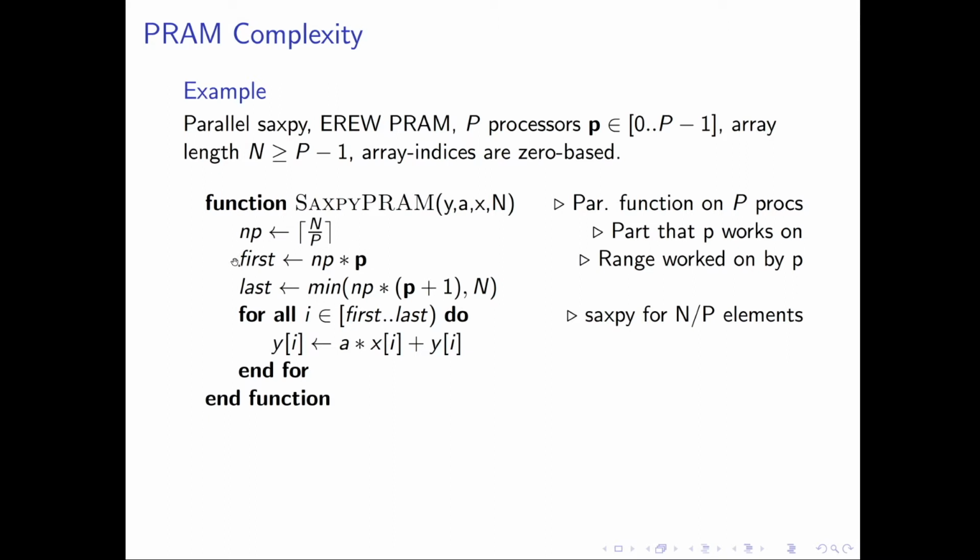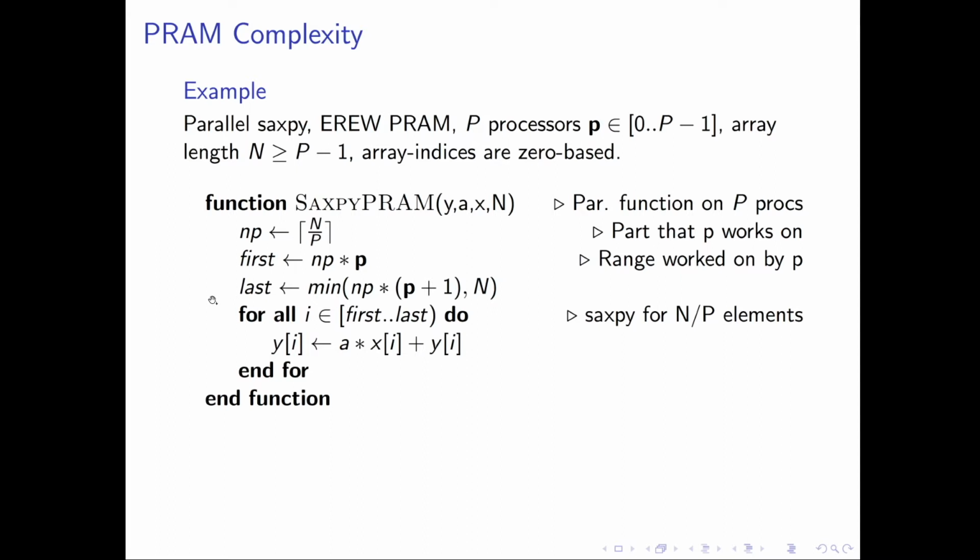I'm computing the first item and the last item, and I'm making sure that I'm not reading or writing beyond the end of the data array, which, because this is a theoretical model, would be okay to simplify a bit here. But nevertheless, I'm doing those range computations.